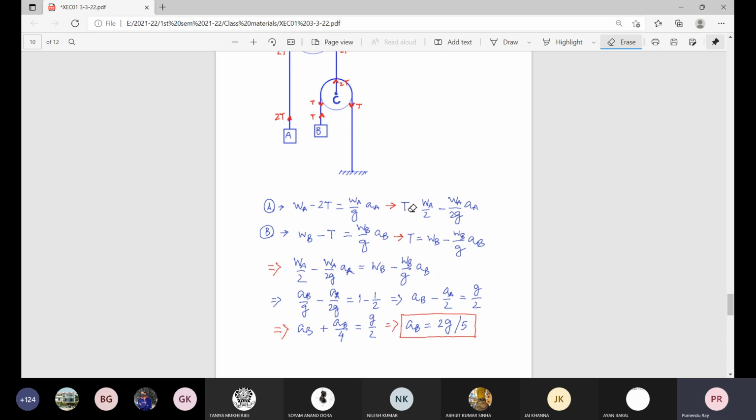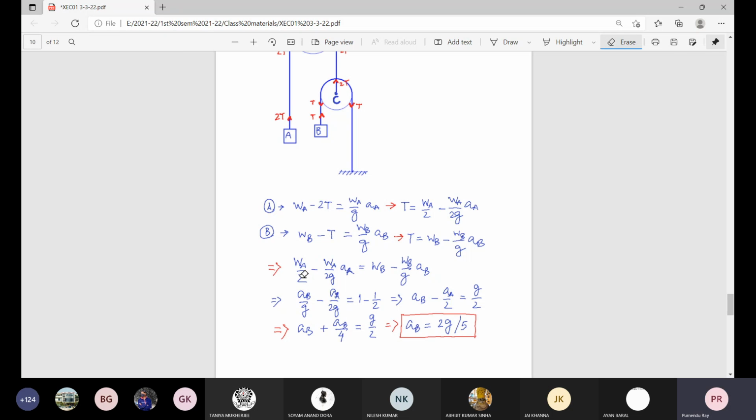Now simply equating the right hand side of both these two equations, we eliminate T and find the relation of weight of A, weight of B, acceleration of A, acceleration of B, and you transfer the sides, weights on the right hand side and accelerations on the left hand side. We cancel WA, WB and replace them in terms of W. So only acceleration and G terms are there.